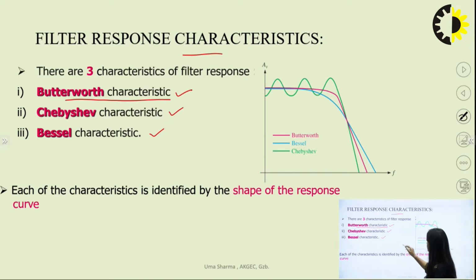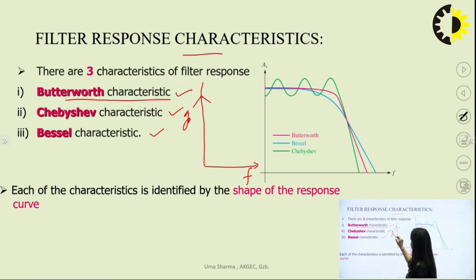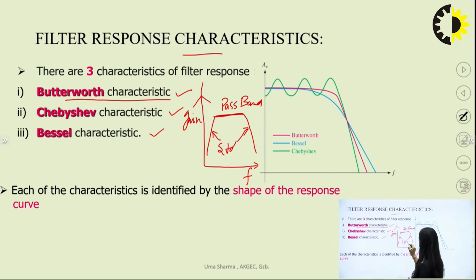If we talk about the ideal filter, if this is the frequency axis and this is gain, there is a pass band and there is a stop band. This is the pass band and these two are the stop bands.